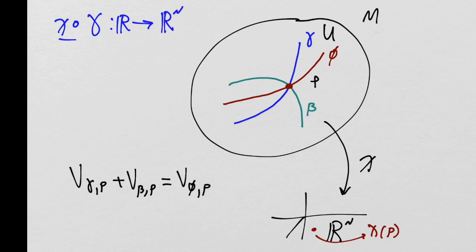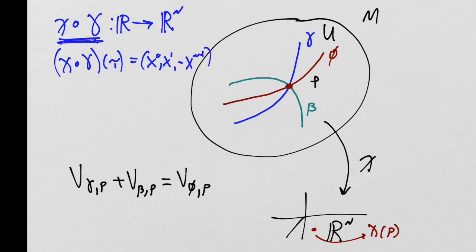And x after gamma is the coordinates of the points along the curve. So x after gamma is a function of the parameter of gamma, which I could call tau. But the result is an ordered n-tuple of numbers, x0 all the way to xn minus 1, right? That's what this means. So x after gamma is very important.